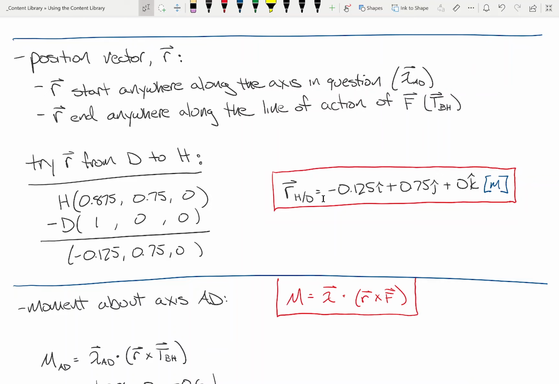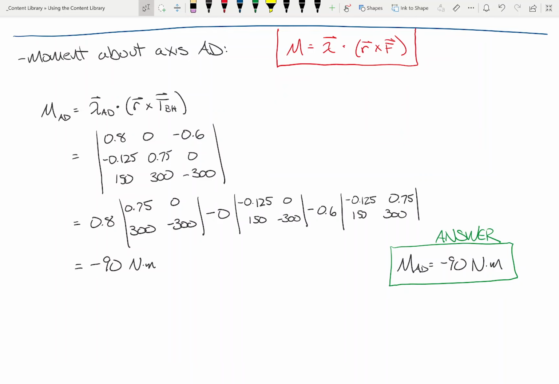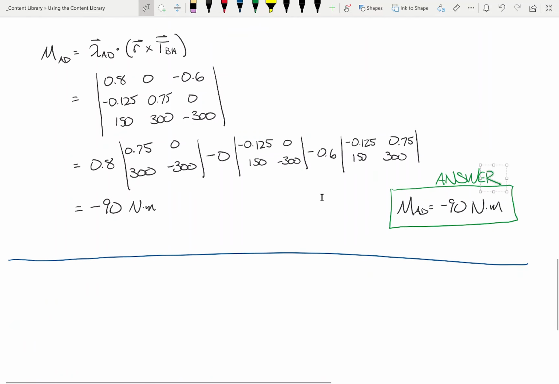What about AB? Let me show you something. Note: other R vectors work.